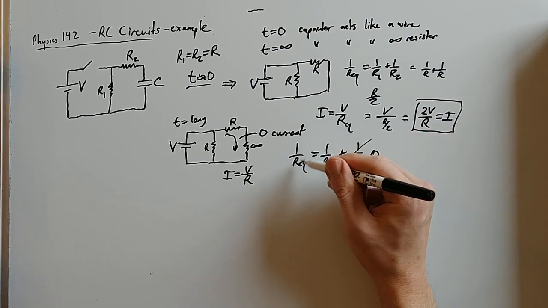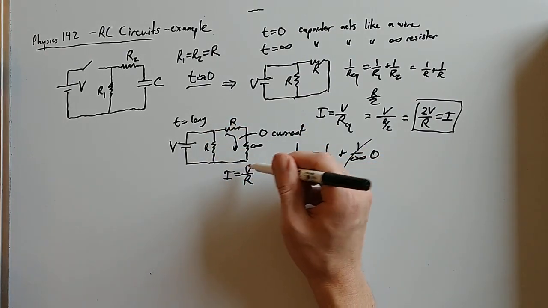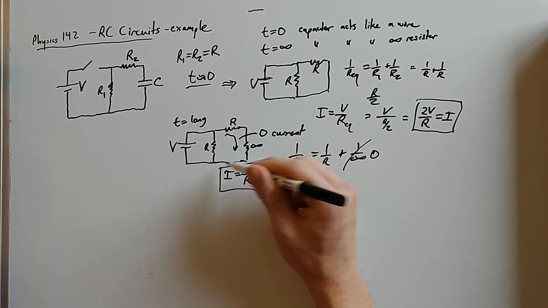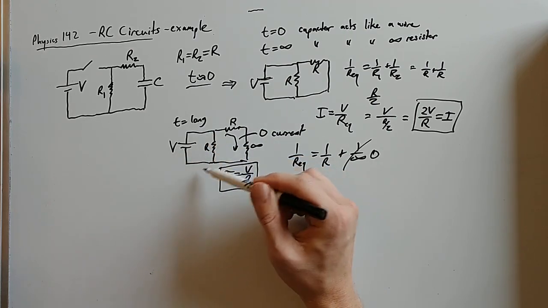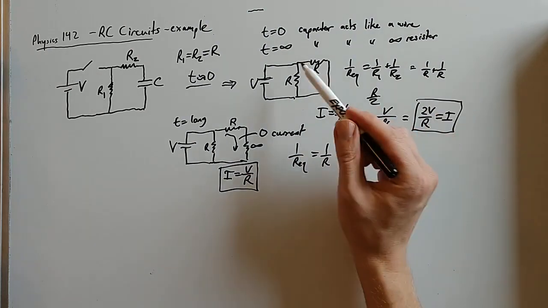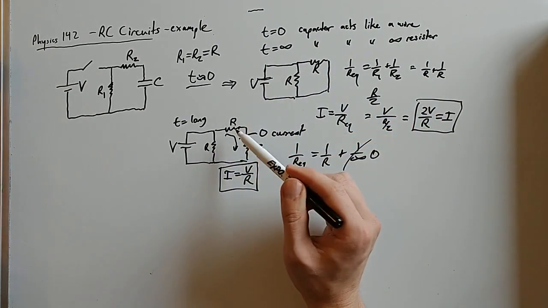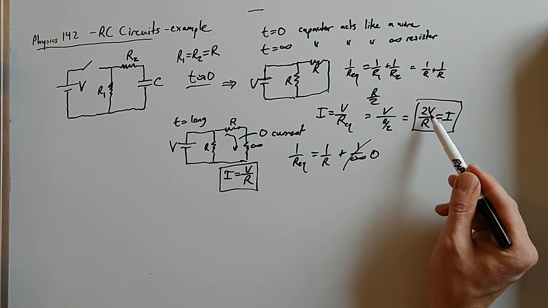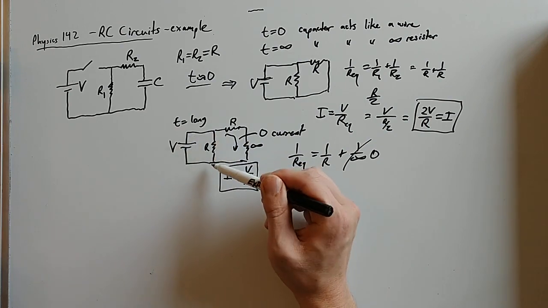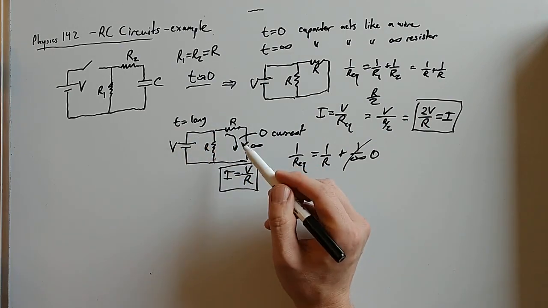And so the equivalent resistance of this circuit is just R, and so I is V over R. So after a long time, you have a different amount of current flowing than at the beginning. At the beginning, you have current flowing through here and through here. It's going to flow fast. Later, it's going to flow slower. We have half as much current, and it's going to be going through just this part of the circuit.